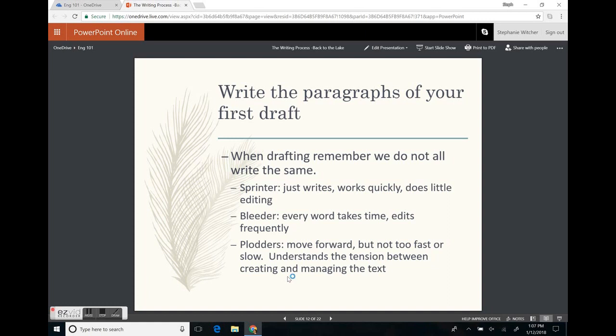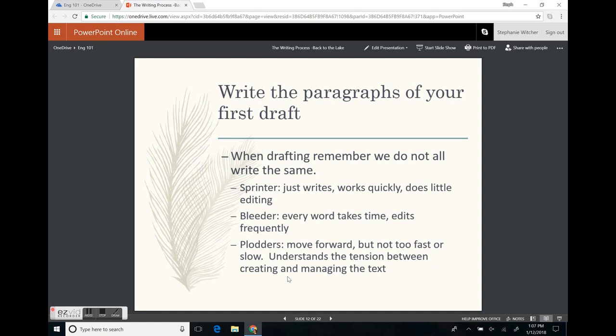All right, so please understand which one you are, because if you are a sprinter, you need to find someone to help you edit your papers. It's that simple. You probably have decent content, but your organization and your grammar are going to be atrocious if you're an extreme sprinter. If you're a plotter sprinter, just know that you still need to find someone to edit your papers and tell them that they really need to focus on those couple of things.